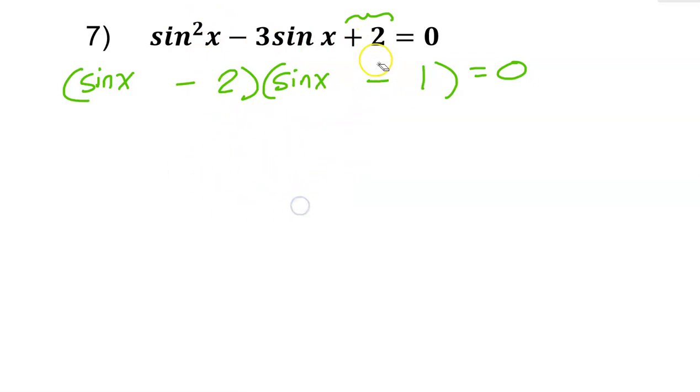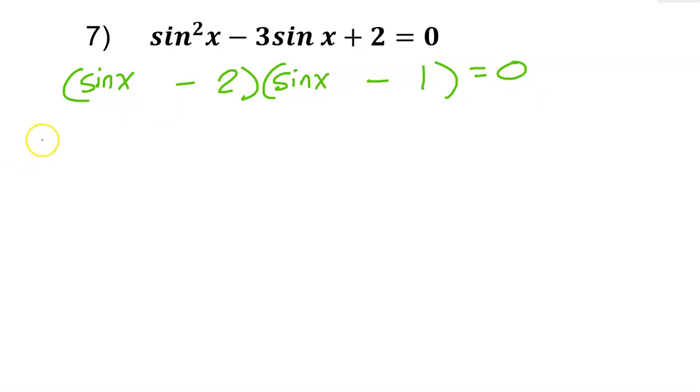This worked out great. So now that we have factored, we will use the zero product property. When you have something times something equals 0, either the first factor equals 0 or the second factor equals 0. You're going to get a solution either way.